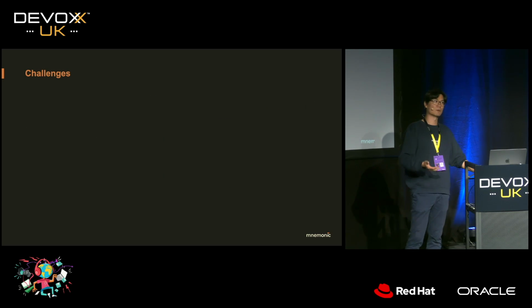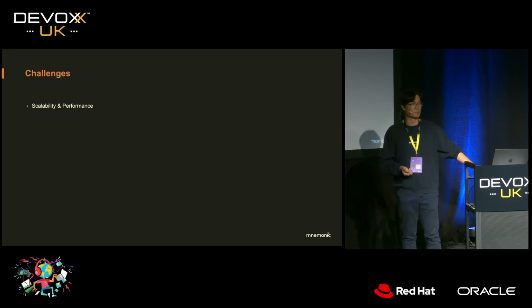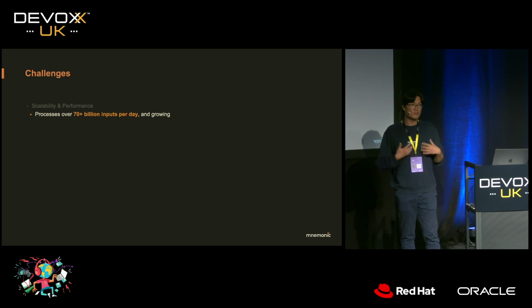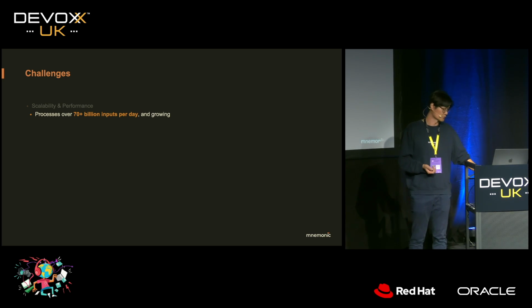If you are a developer trying to build a system able to handle this amount of potential raw events, there are a few challenges, at least the ones we are facing. The first one is scalability and performance. In order to process these 70 billion events, which keep growing, this is one big issue.